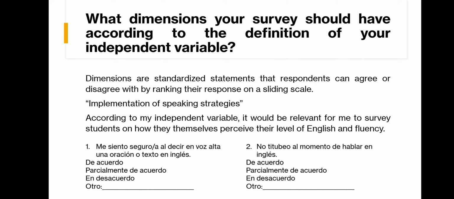First, I would like to explain that the items are in Spanish because, as I read, it would be ideal to write the survey in the native language of the participants, because in that way they could better understand and respond to the survey. The first item says: me siento seguro, segura al decir en voz alta una oración o texto en inglés. The dimensions will be de acuerdo, parcialmente de acuerdo, en desacuerdo, u otro.